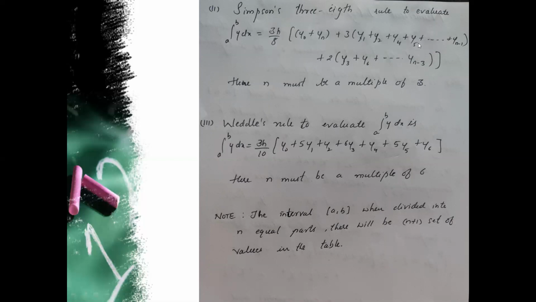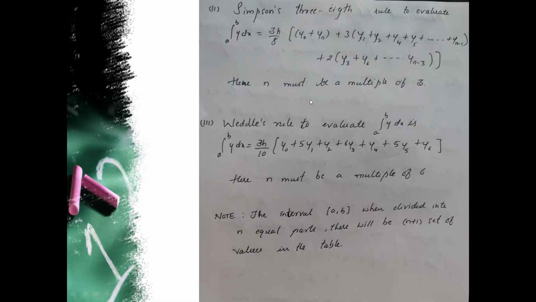That is, multiples of 3 are skipped here until the last but one value of yn. And next, continuing the formula, it is plus 2 times the y values at multiples of 3. That is y3, y6, y9, and so on up till yn minus 3. So this is Simpson's 3/8 rule.